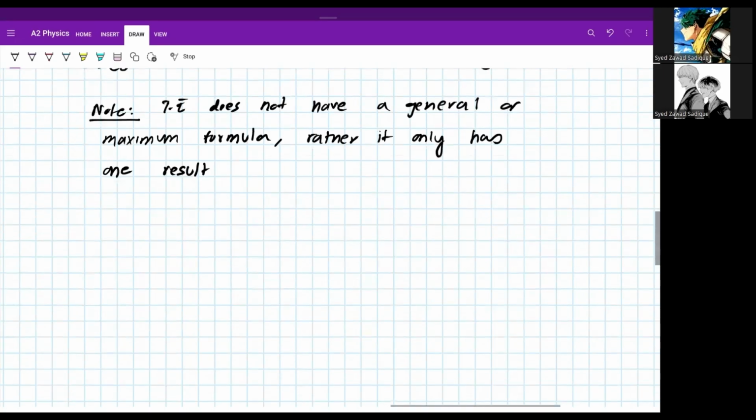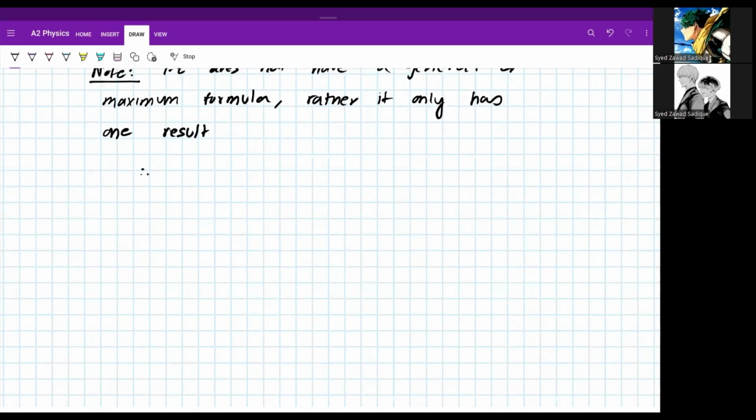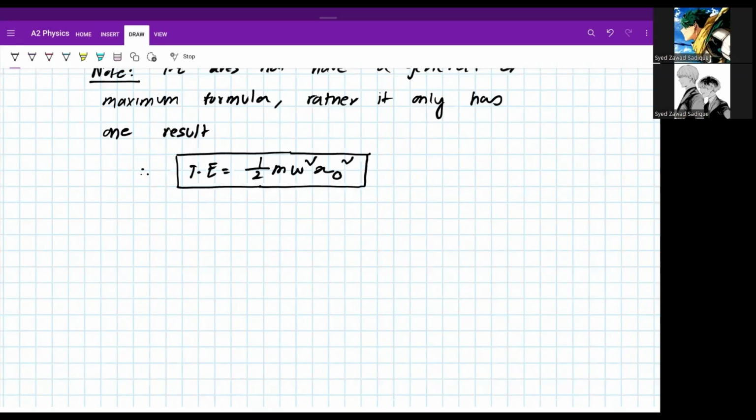Some of you might ask what that is. That is TE equals half m omega square x naught whole square. And this is constant for all particles in simple harmonic motion.